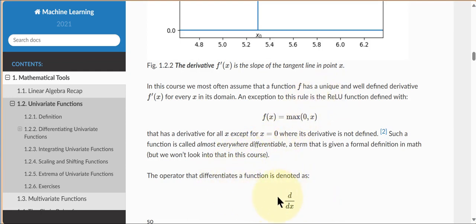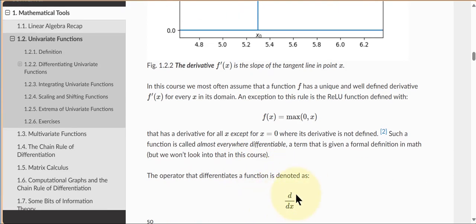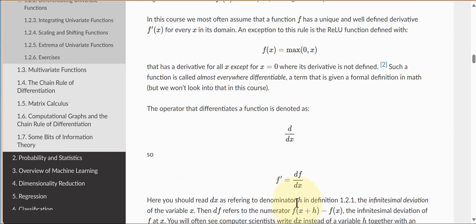Anyway, this is another way to symbolize the derivative: f prime, or you can write d, put f here, and dx on the bottom. These mean the same thing. This notation comes from Isaac Newton, and this notation comes from Leibniz.